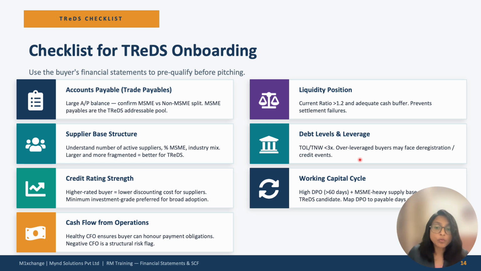It will not want to sell its security because of repayment failures, right? So first it will save those securities which are mortgaged or hypothecated, and then the next payments will be to the unsecured lenders, and that is why we need to be more careful here. And then the working capital cycle, as we said, if there is a high DPO plus it's an MSME-heavy supply base, then it's a pure TReDS candidate.